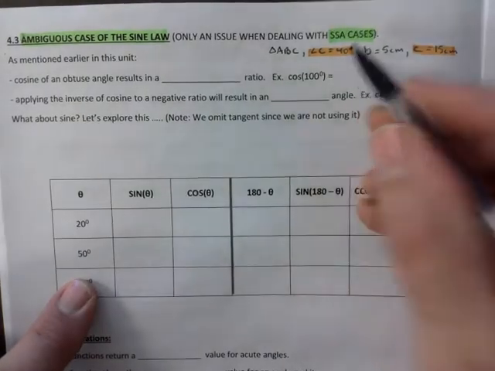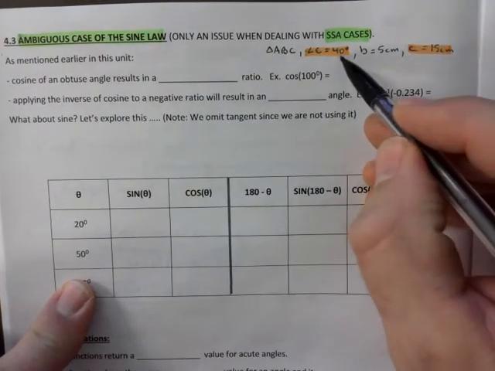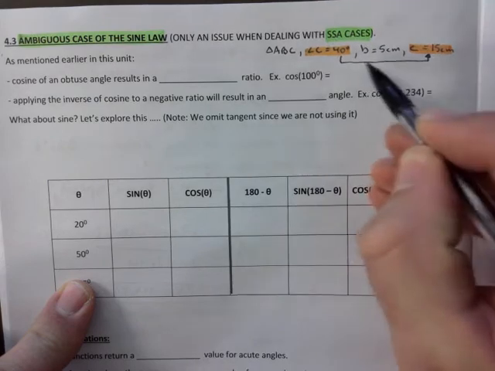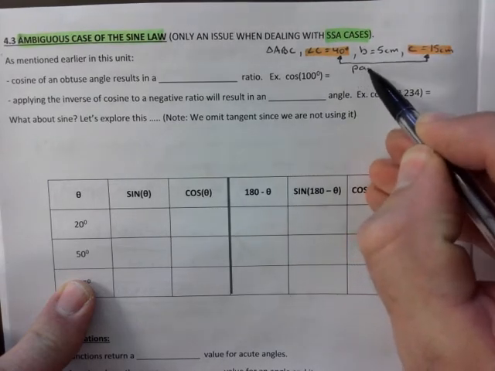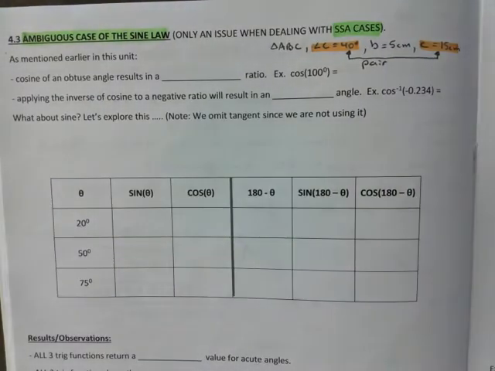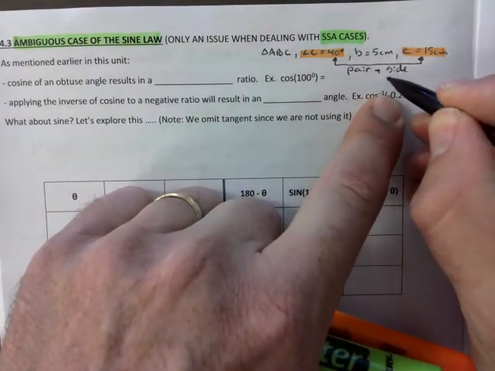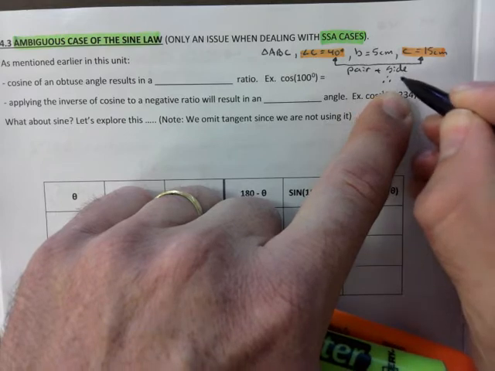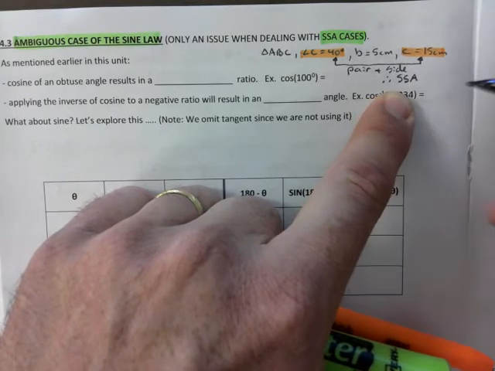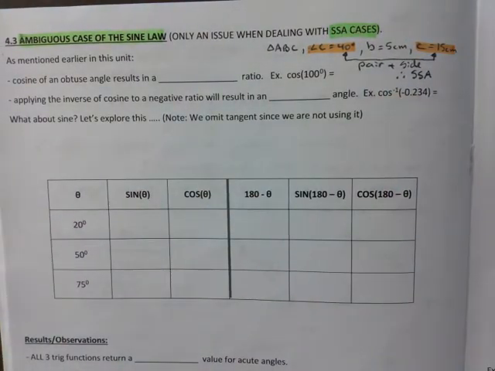Okay, so pair, I've just thought of it now, that's why I didn't leave room for it, of course, right? Pair plus side, therefore SSA. Can you see that? I feel like it's a little small, right?